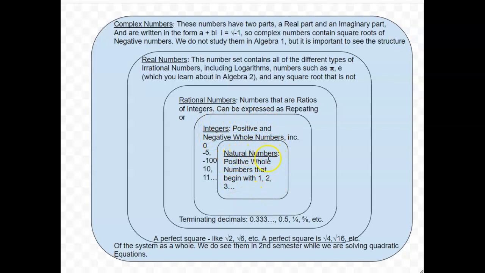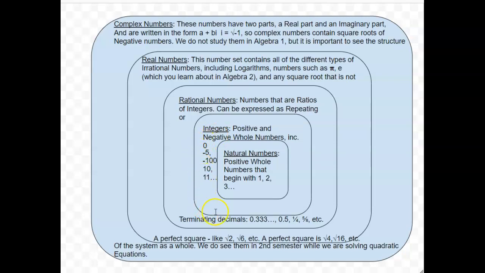Every set of numbers that is inside another set belongs to the set that they're in and the set that's above them, okay? So natural numbers are integers. They're all the positive integers that begin with 1.